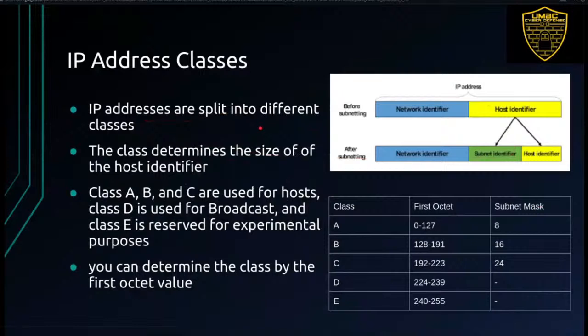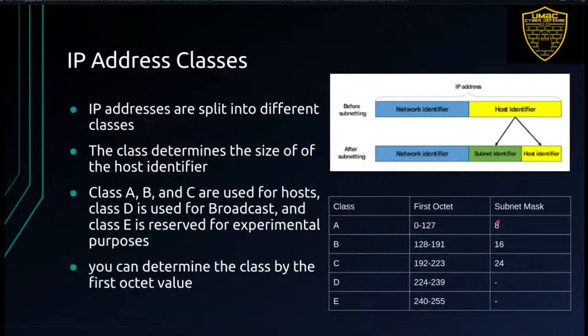You can determine the class of the address by the first octet. You can see it here. Class A is 0 to 127 in the first octet, B is 128 to 191, C is 192 to 223, etc. And the usual subnet mask is also included here.